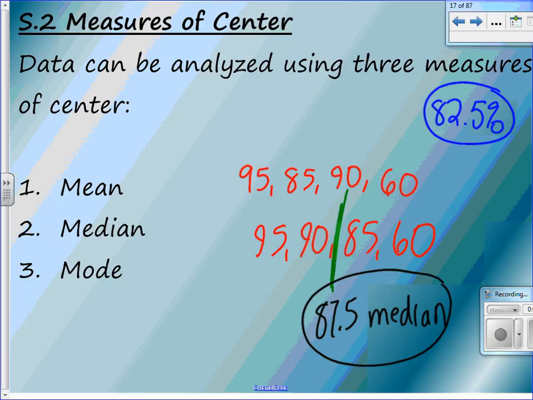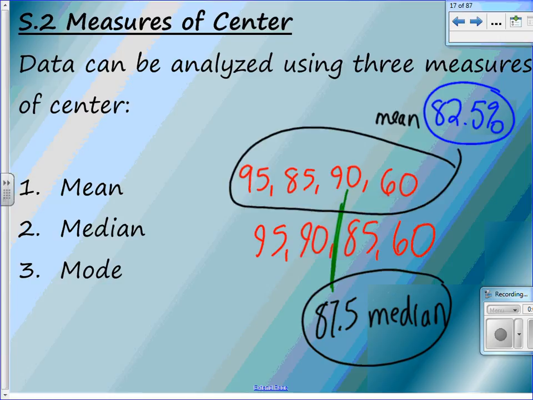Now, do you think it's valid to use the median over the average? When I look at how well people do on the test, I look at both the median and the mean, because the mean has the benefit of taking into account all the scores.